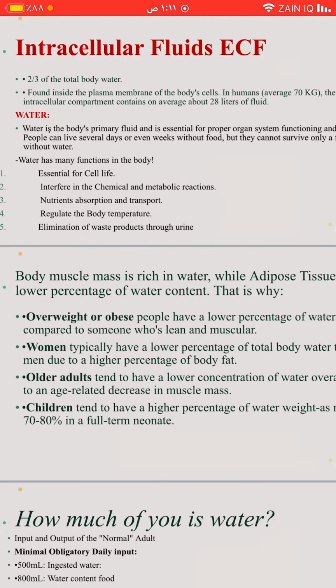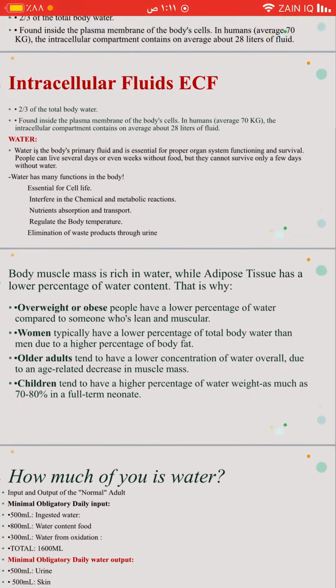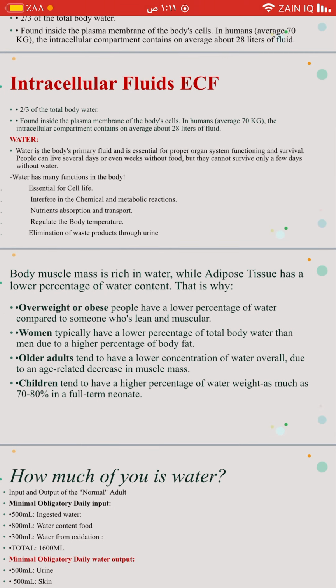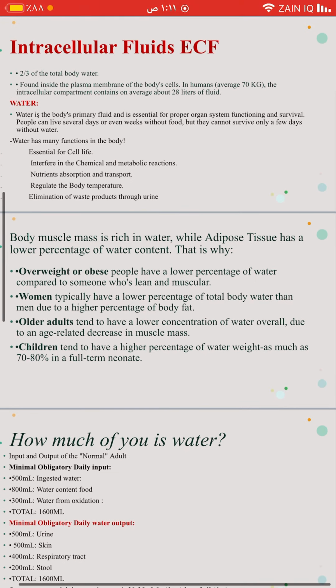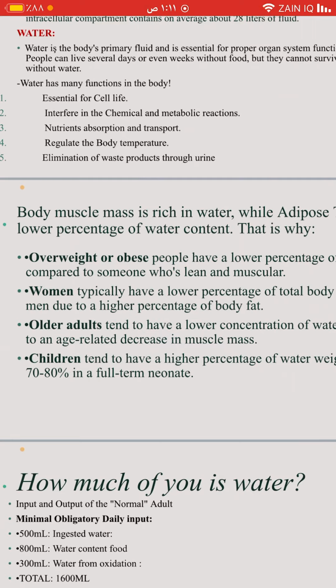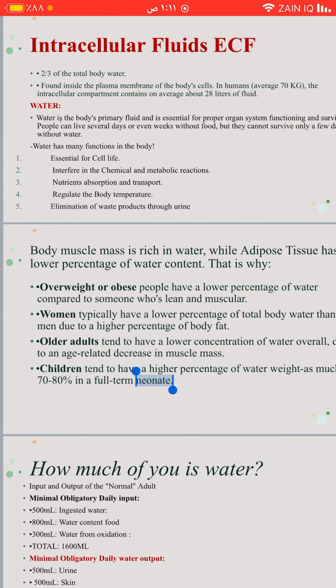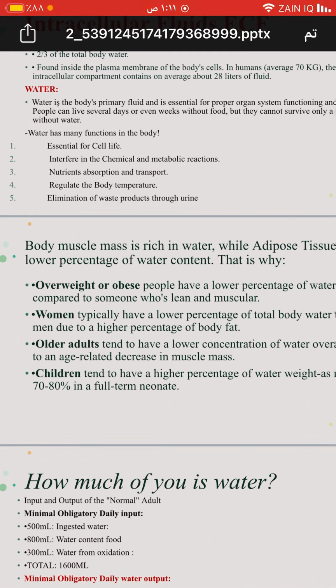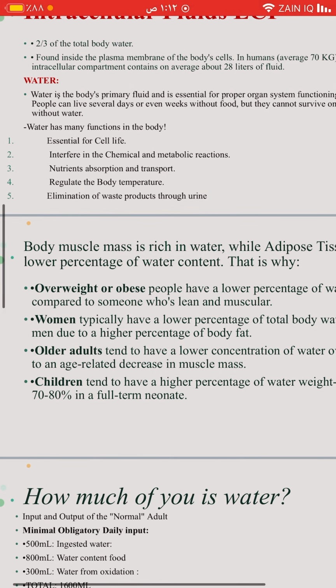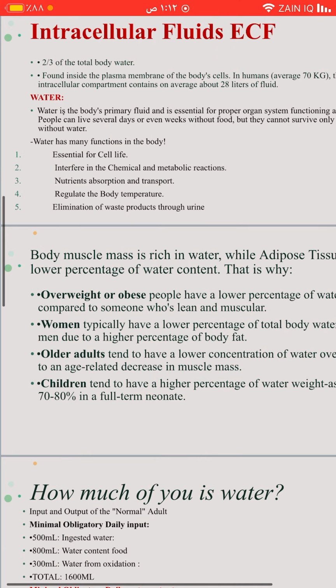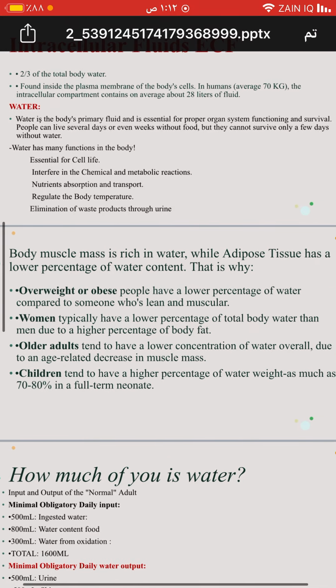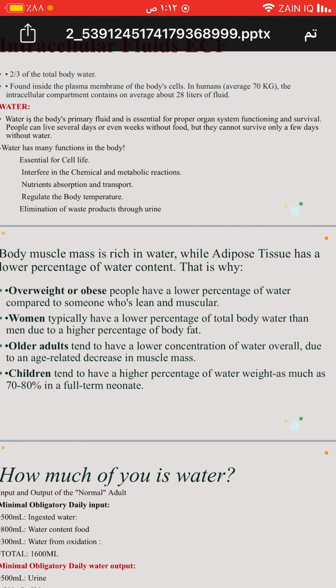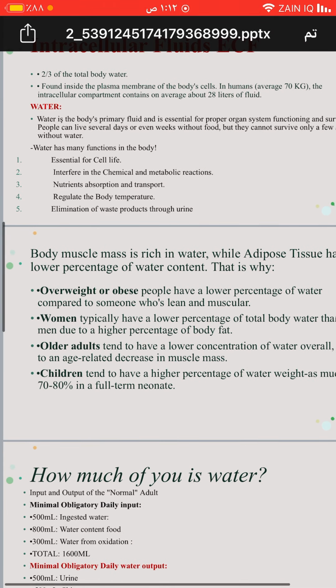The body's muscular mass is rich in water, while adipose tissue has a lower percentage of water content. That is why overweight or obese people have a lower percentage of water compared with someone who is lean and muscular. Women typically have a lower percentage of total body water than men due to a higher percentage of body fat.